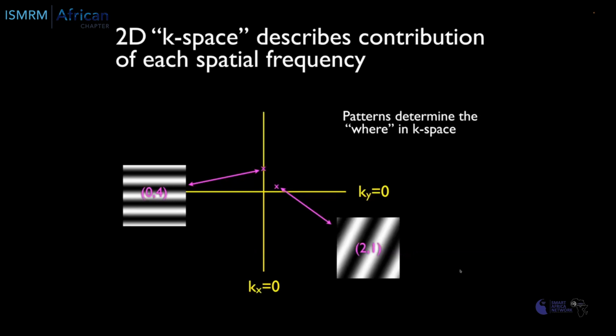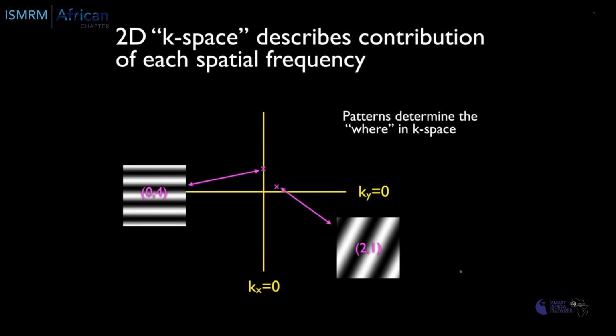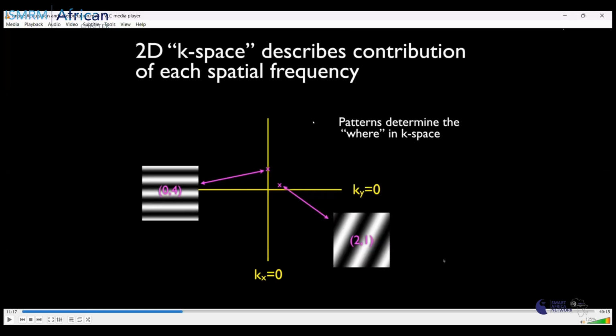And so when we talk about k-space, which you may have heard of, k-space is just the space that accounts for the contribution of each of these spatial frequencies to the image content or the signal content of our image.